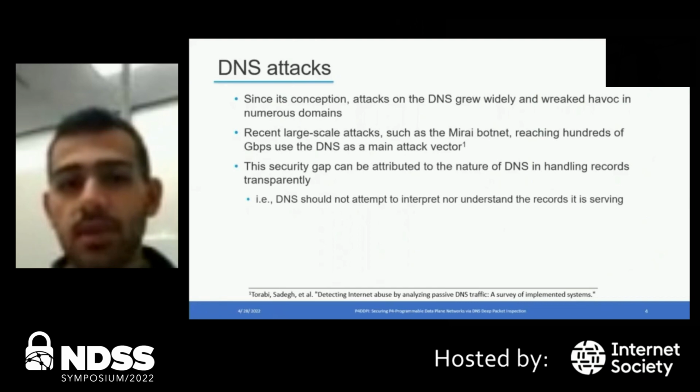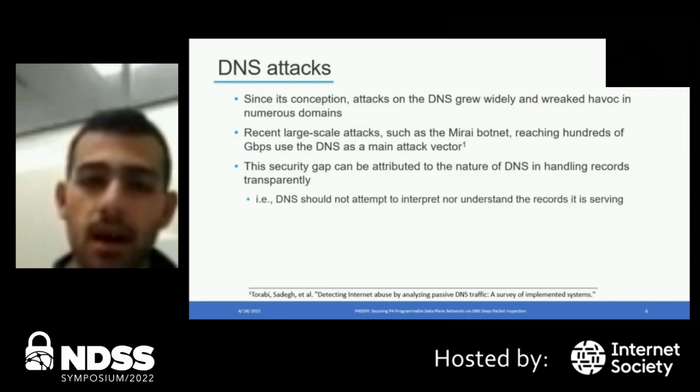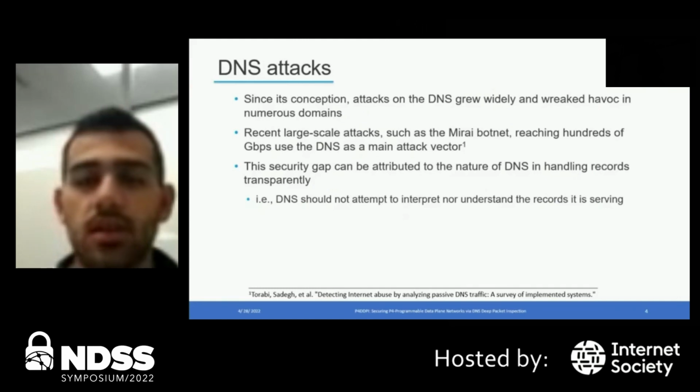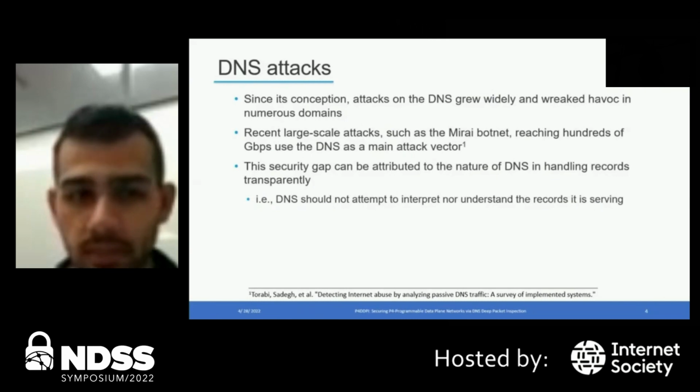Since its conception, the attacks on the domain name system grew widely and wreaked havoc in numerous domains. For instance, the Mirai botnet was able to launch an attack that reached hundreds of gigabits per second, and their main attack vector was the domain name system.